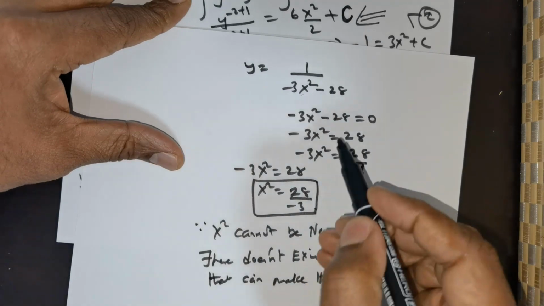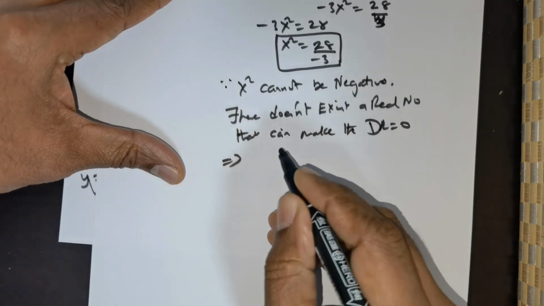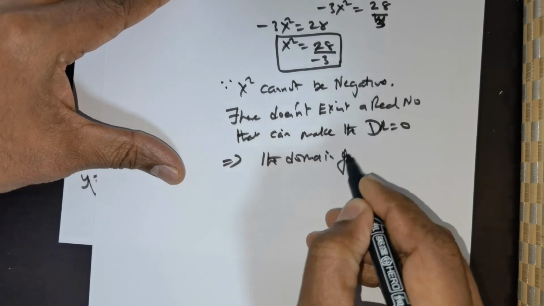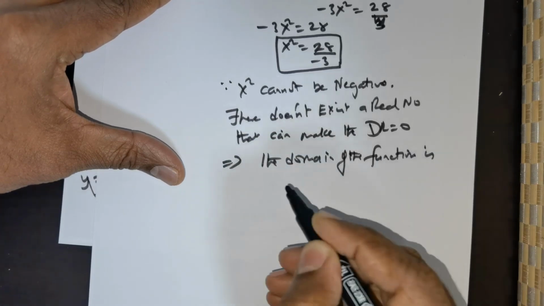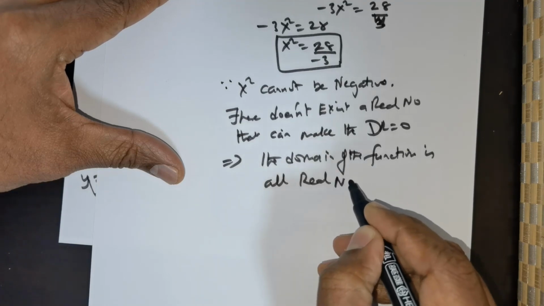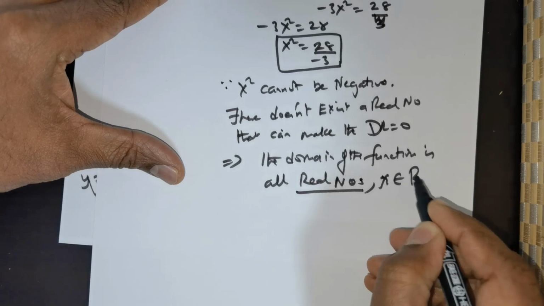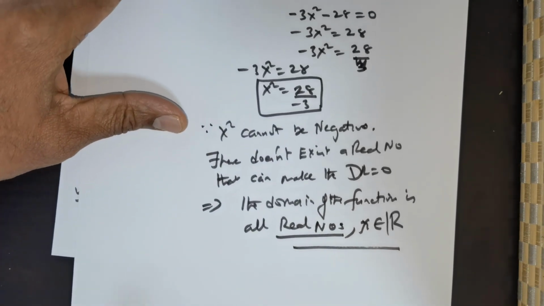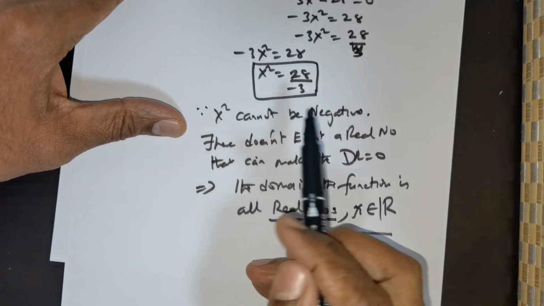So we want to avoid that. This would mean the domain of the function is all real numbers, or you can just place a comma and say x is an element of all real numbers. Okay, I hope you got all this important information about locating the domain.